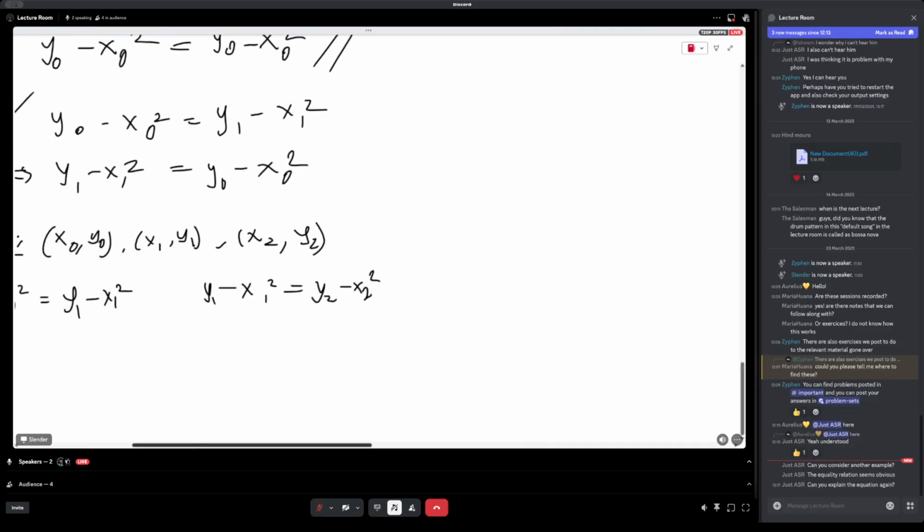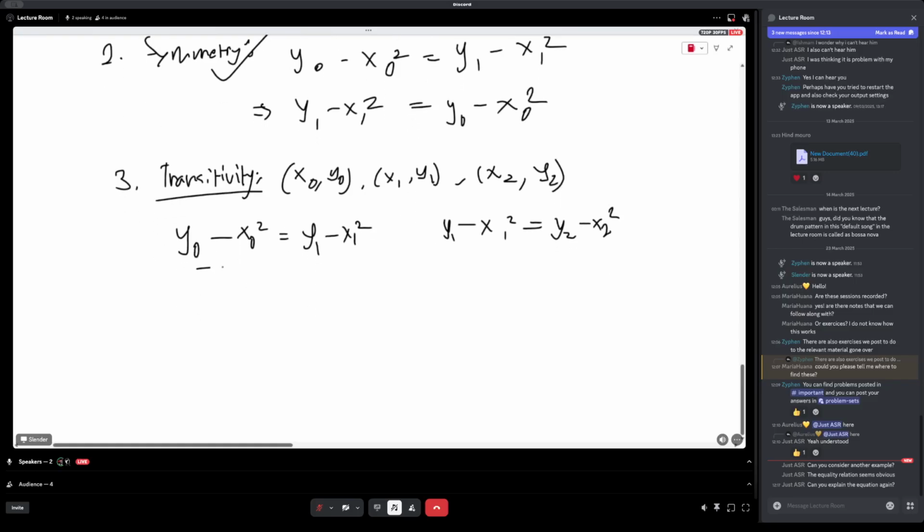So already you can see that these two equations are the same thing. All of this implies that y0 minus x0 square is the same as y2 minus x2 square.